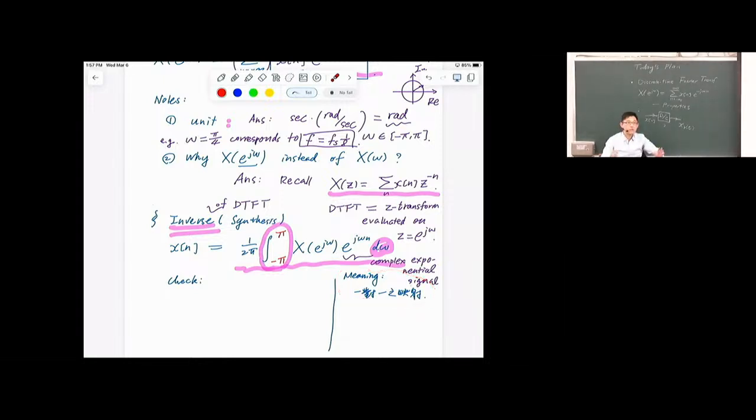So the important meaning is that this is cool. We now have a definition of the DTFT, which goes from time to frequency, and it also has an inverse transform.